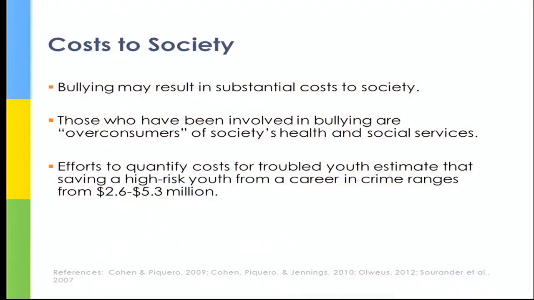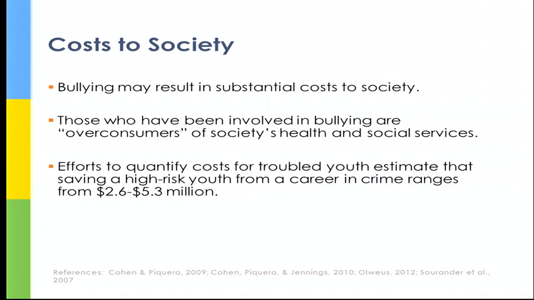And finally, not only may bullying negatively affect individuals who are targeted, the bystanders who observe bullying, or the school community as a whole, but bullying problems also entail substantial costs to society. Individuals who've been formally involved in bullying, either as ones who were targeted, ones who bully others, or both, have been found to be over-consumers of society's health and social services.